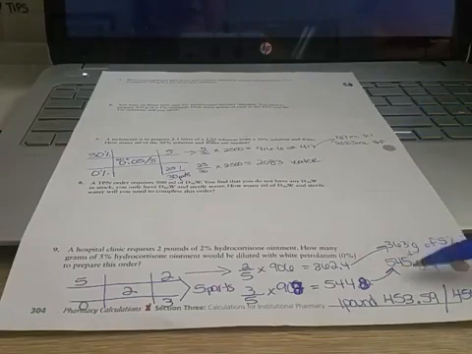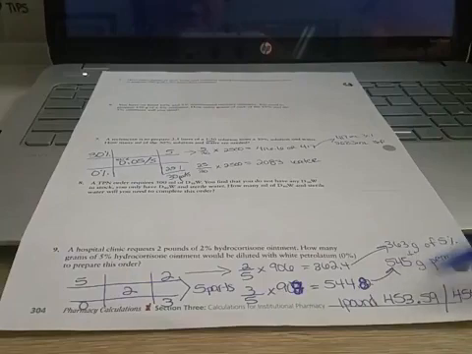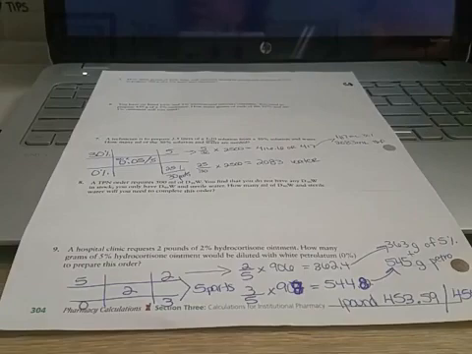And then your total parts should be equal to your 2 pounds, which should be 908. So 363 and 545 should be your 908. That's how you can check to make sure that you did it right. Let me just double check that.